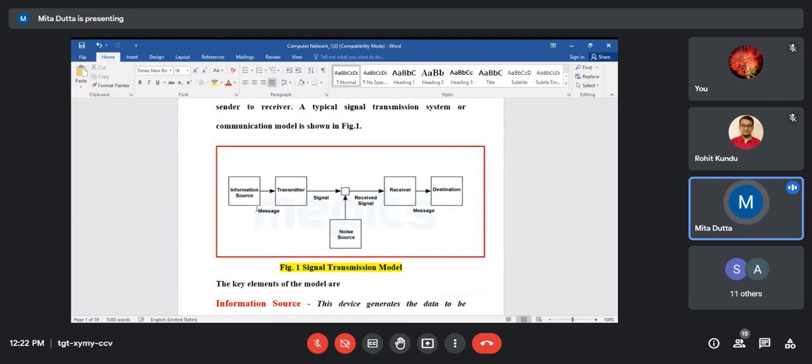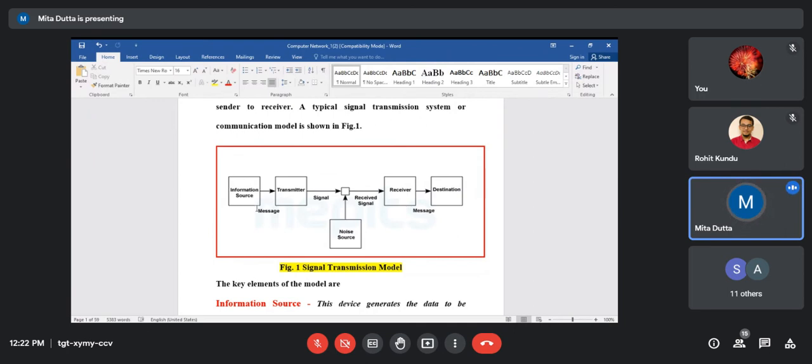The first one, which transmits baseband signal, is known as a baseband signal transmission system. And when we transmit broadband signal, that transmission system is known as a broadband signal transmission system or carrier transmission.